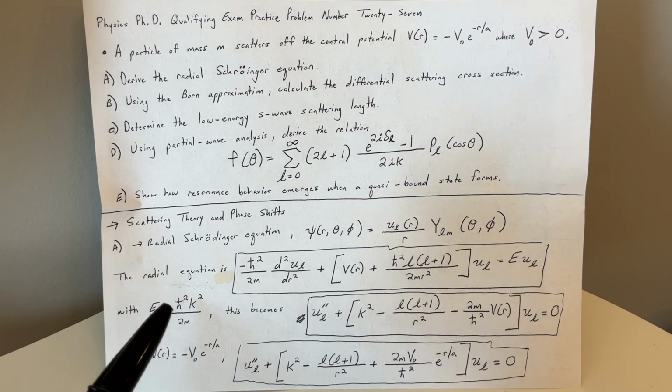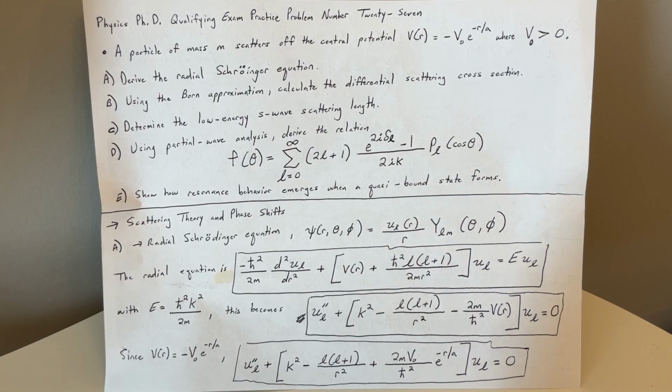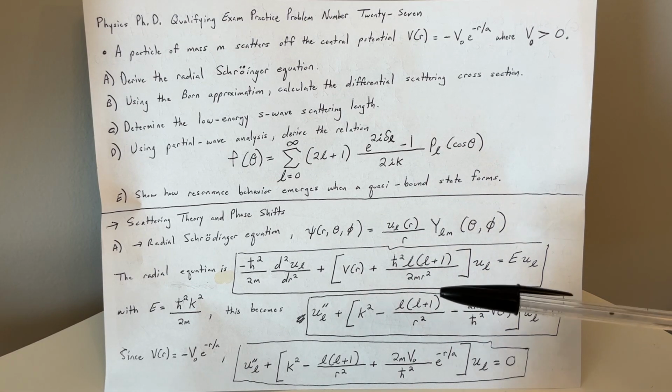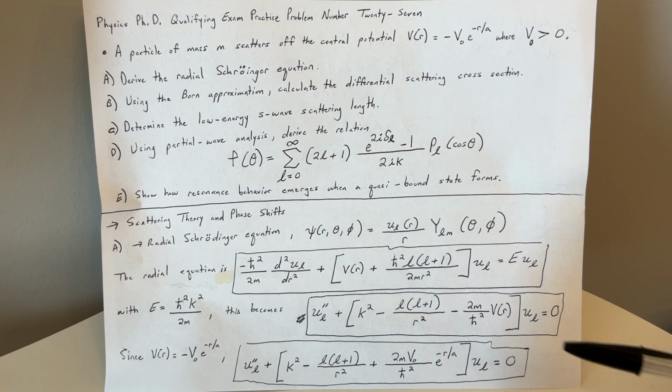And with E equals h bar squared k squared over 2m, this becomes u sub L double prime plus the bracket k squared minus L times (L plus 1) over r squared minus 2m over h bar squared V of r, close bracket, u sub L equals 0.